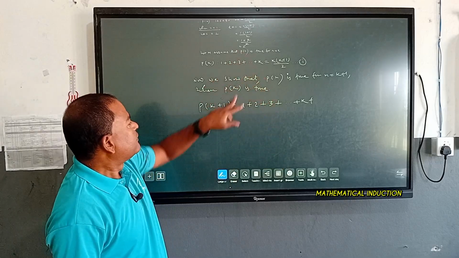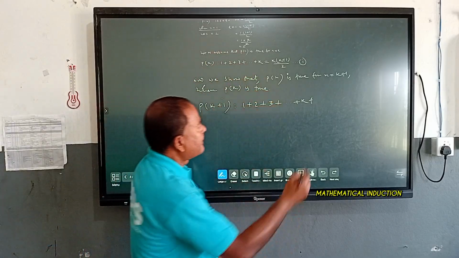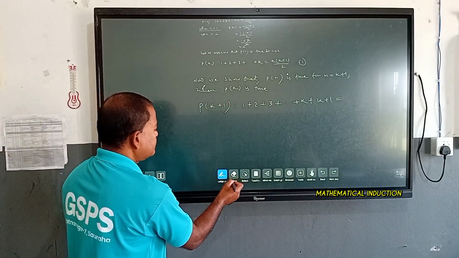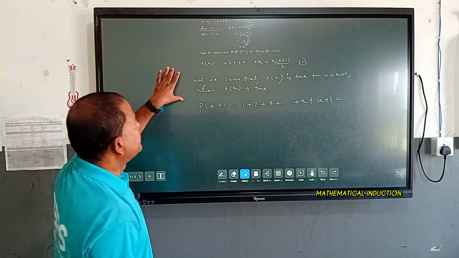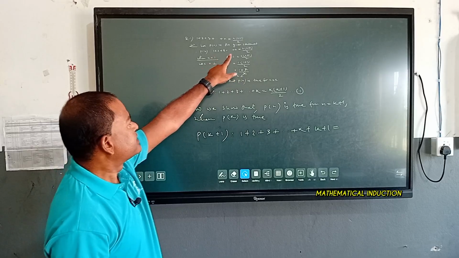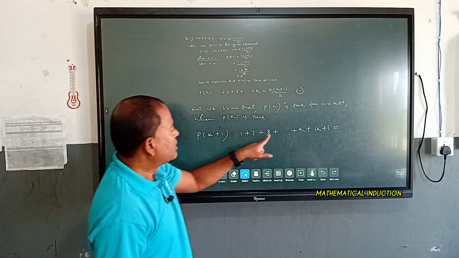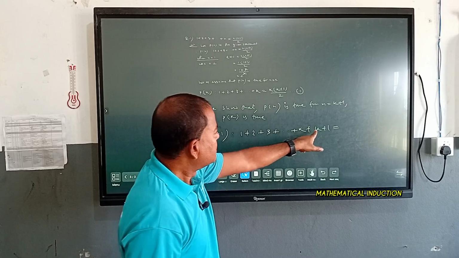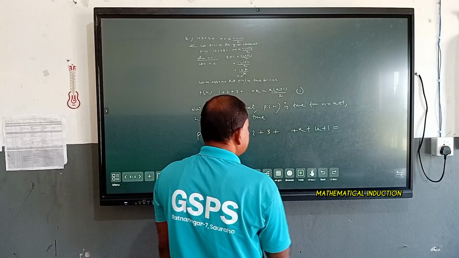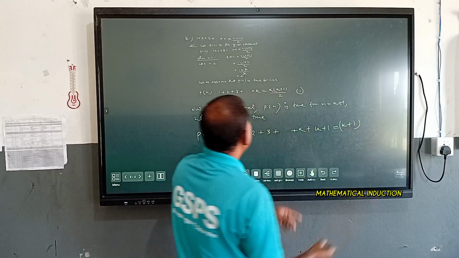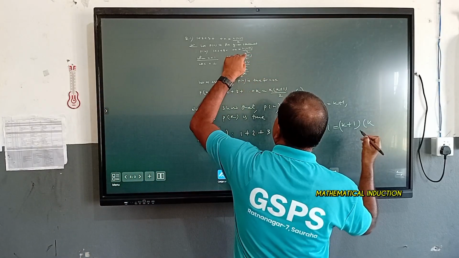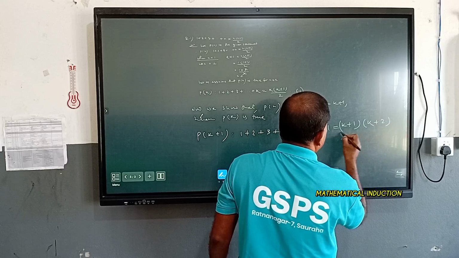Then we put the value of n as k plus 1. In the given statement, if we replace n by k plus 1, then we get 1 plus 2 plus 3 plus dot dot dot plus k plus 1 equals k plus 1 times, if we substitute n by k we get k plus 2.